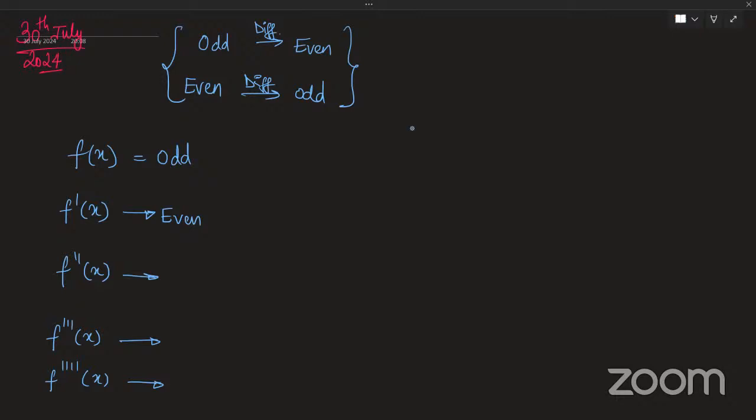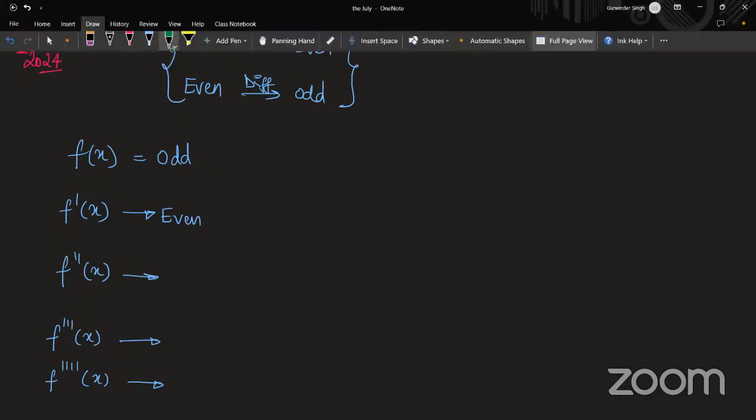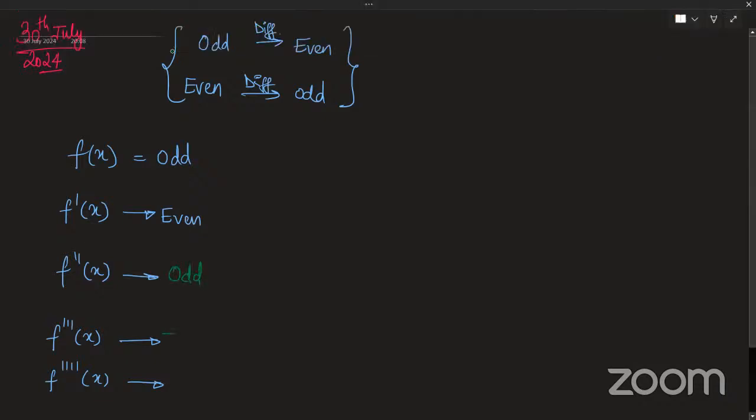Okay, so I guess you had said even earlier. Is your answer even or odd now? Final answer, odd, sir. But the fourth one I said even, sir. Okay, so this is odd, this is even and this is odd. So yes, you are correct.